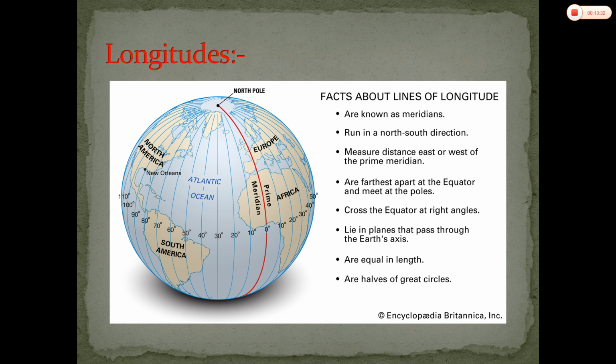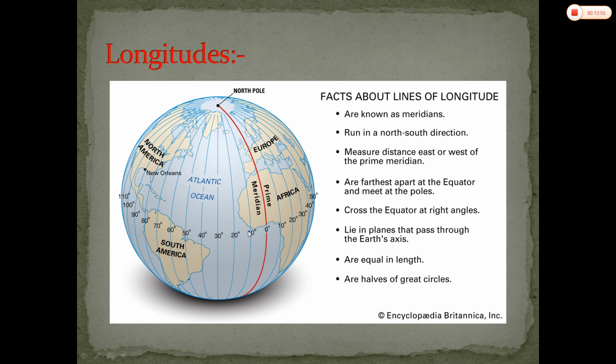Another fact about the longitude is what? These longitudes are farthest apart at the equator and meet at the poles. That means if you can see this picture, this is the 10-degree longitude and this is the 20-degree longitude.